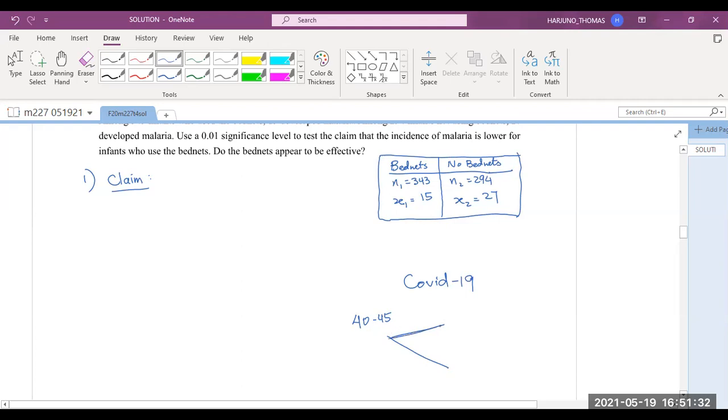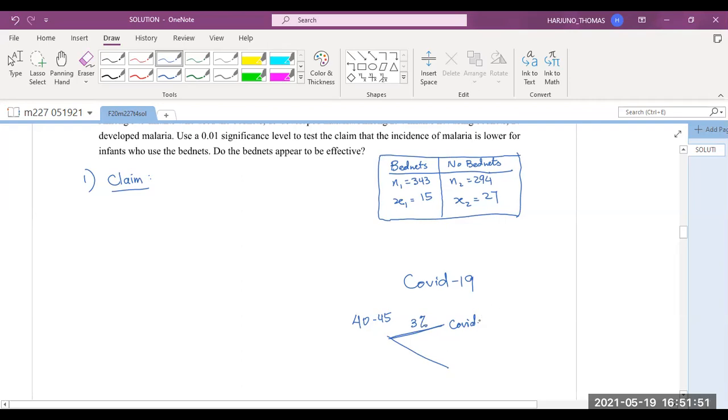The probability to catch COVID and show symptoms is only around, let's say, 3%.